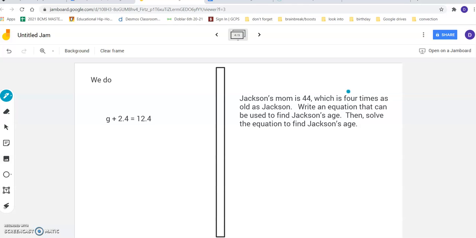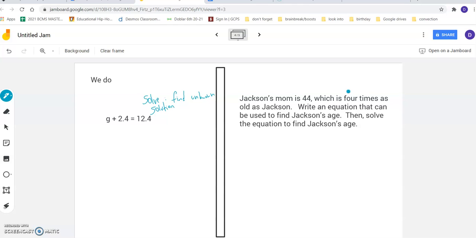Okay, so over here, again, we're just going to use common sense. We already have the equation, so all we have to do is solve it. And if you want to make a note in your notes, when you solve an equation, that means to find the unknown value. In an equation, when you're asked to solve it or find its solution, that means figure out what the variable equals.